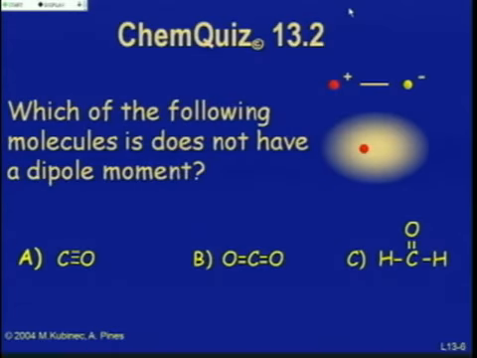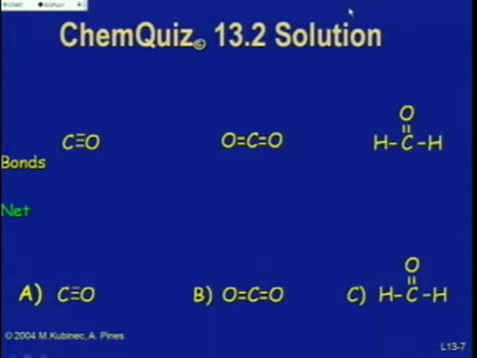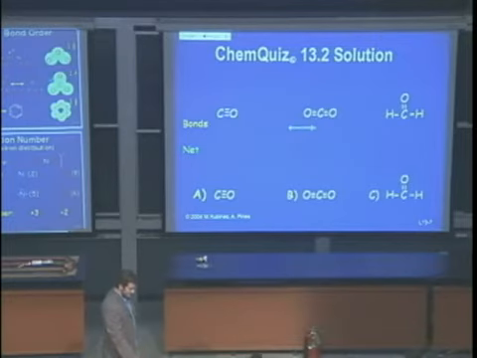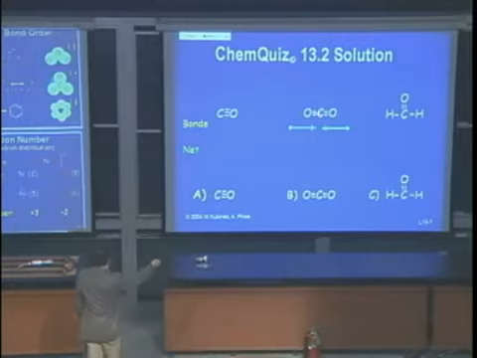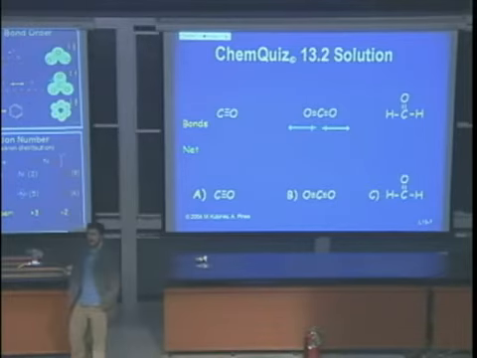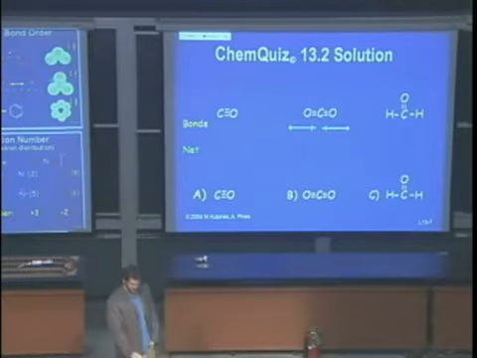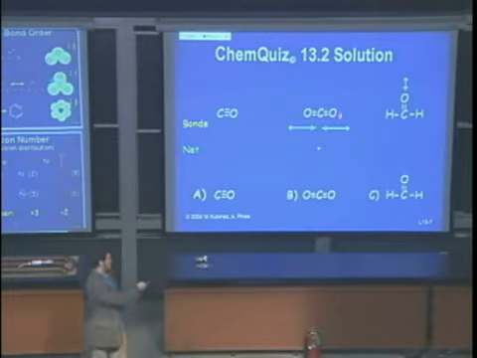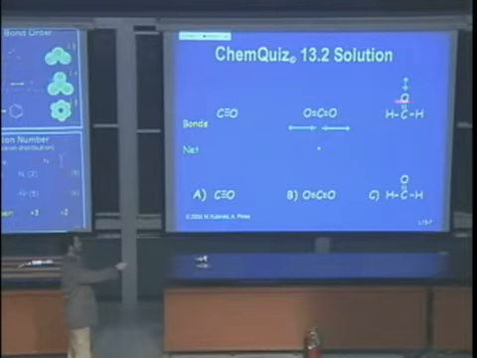So, for completeness' sake, let's work through this. We have carbon dioxide here. Yes, the CO bonds have a dipole, but since this is linear, they're equal and in opposite directions, so they're going to cancel. If we look at formaldehyde, we have this polar CO bond. The magnitude of this dipole is much greater than the magnitude of the CH dipoles.